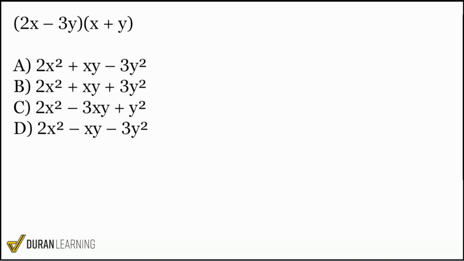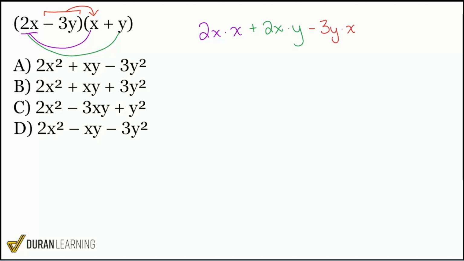We have 2x that we're going to distribute to the x, and we're also going to distribute to the y. So let's start with purple, 2x multiplied by x. Then in green, we see that we have 2x multiplied by y. Then up next in red, I'm going to multiply the negative 3y with the x. So that'll be minus 3y times x.